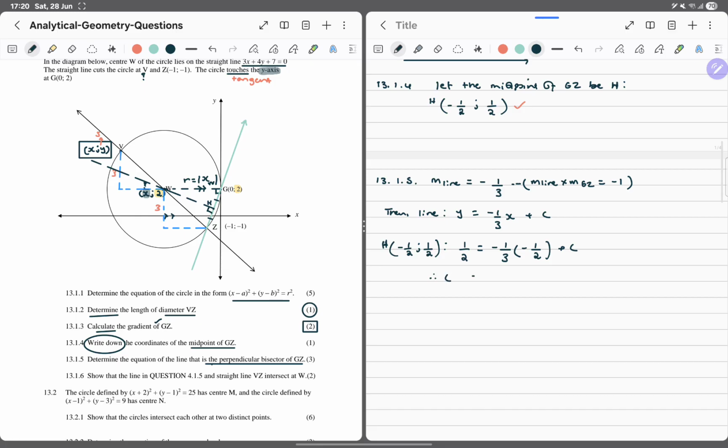So therefore c is equal to, now this is going to be plus 1 over 6. When we take it over, 6 divides 2 by 3. 3 times the numerator is 1, is basically 3, right? And then 3 minus 1 is going to be just 2. And over 6, that's a third. Okay, so we have a third here.